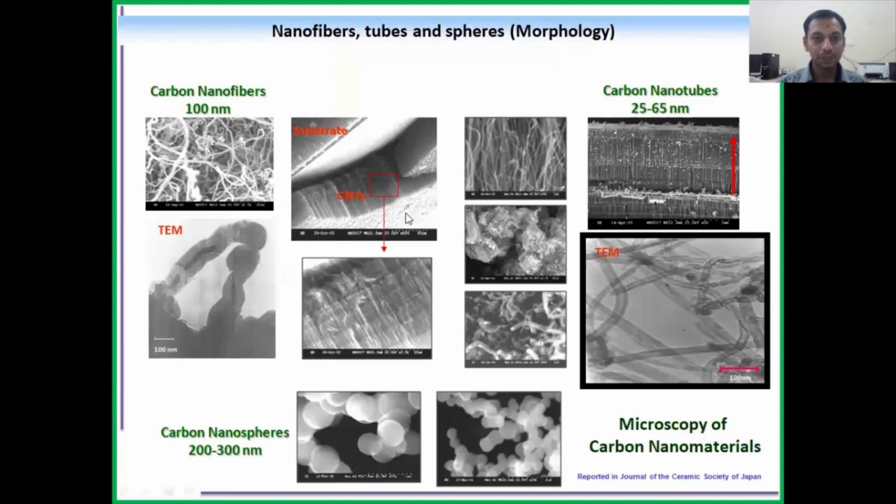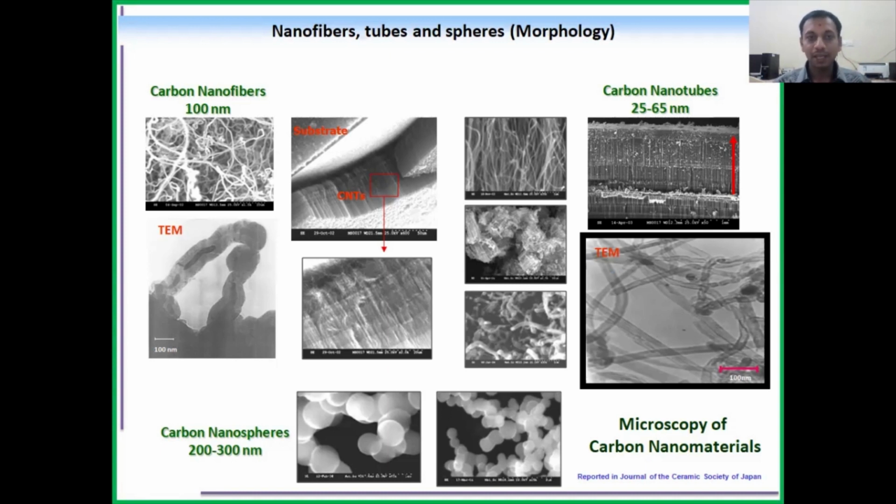These are real pictures of scanning electron microscopic images and a transmission electron microscope image of carbon nanotube. How does it look? You cannot recognize whether it is a tube or fiber under SEM, because the scanning electron microscope gives only surface examination results.